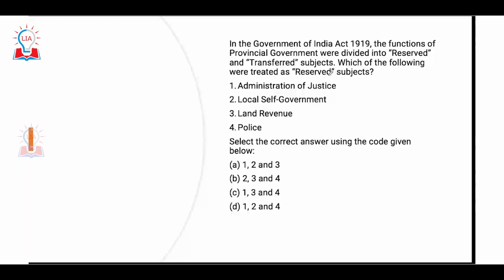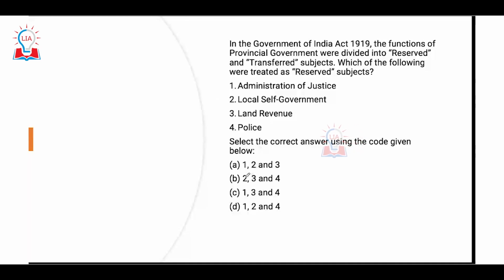So our aim is to find that particular subject in these four options which deals with the normal working of the administration. So look at the second one, that is the local self-government. Local self-government was the transferred subject.